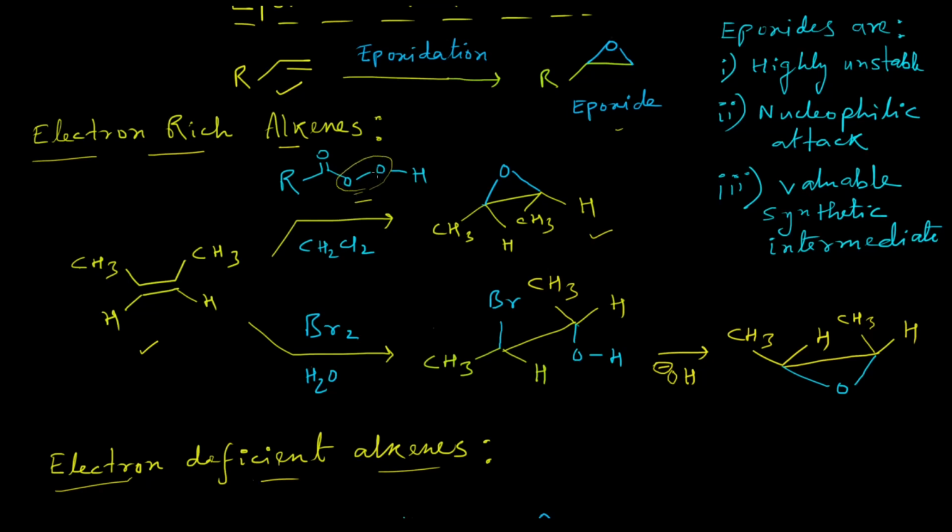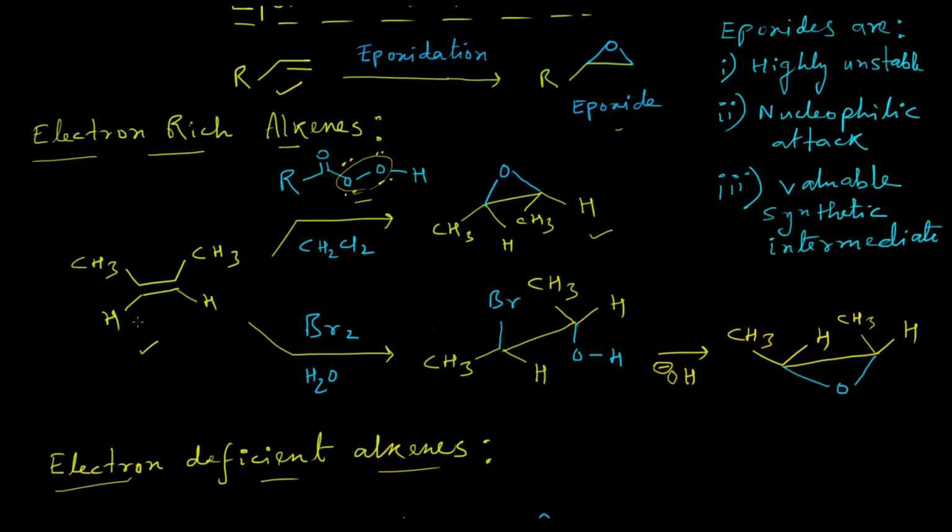Peroxide linkages are basically found in several peroxide compounds like hydrogen peroxide. These peroxide linkages are very weak in nature due to the repulsion between the oxygen lone pairs. So here it will behave as an electrophile.